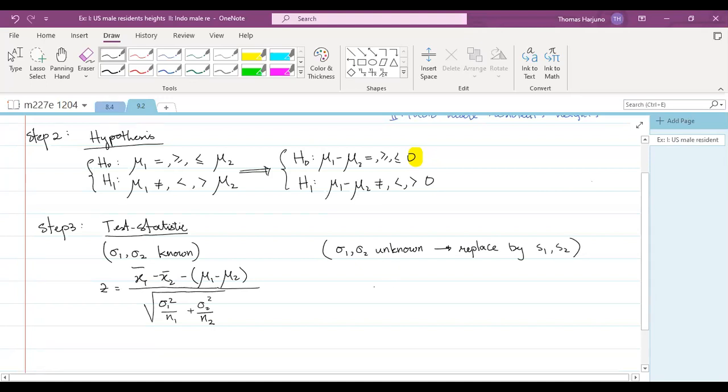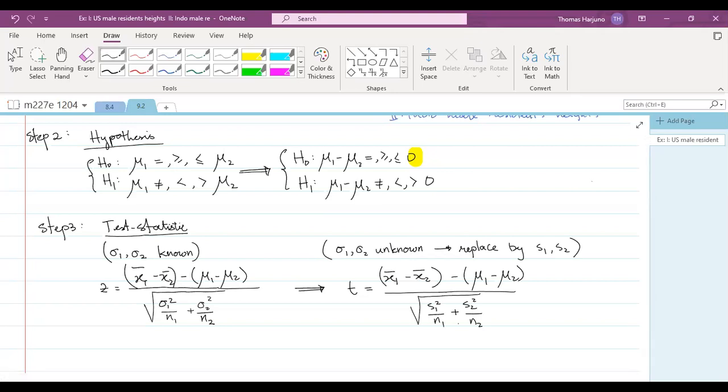Of course, consequently, the test statistic becomes the T statistic: x1 bar minus x2 bar, minus mu1 minus mu2, over the square root of sample variance 1 divided by the sample size of the first sample, plus sample variance 2 over the sample size of the second sample. Those are the modifications.